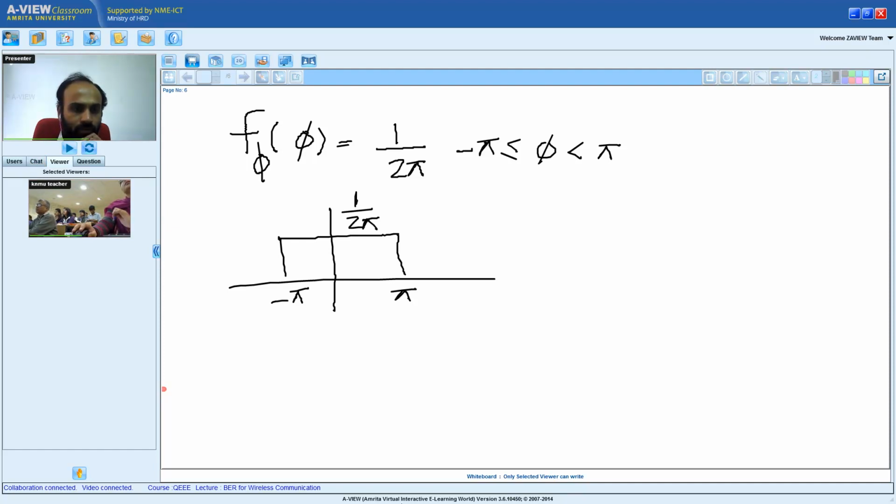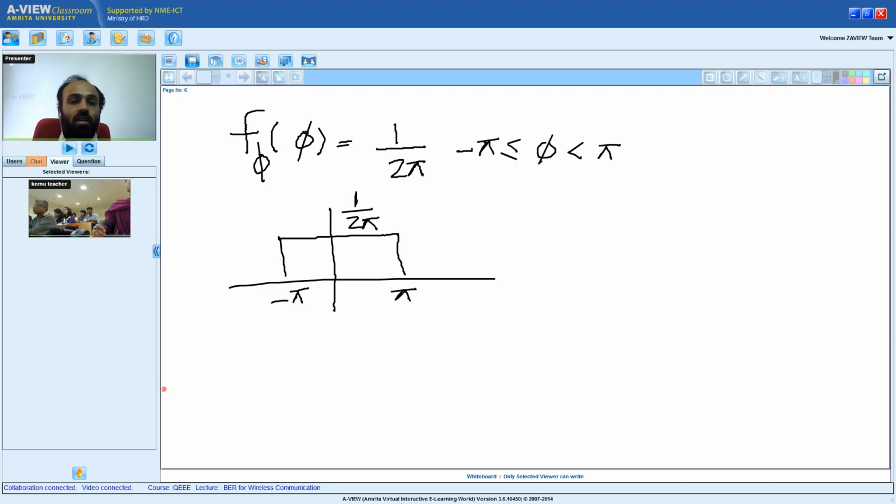Yes, sir. It is Rayleigh fading wireless channel and the phase is distributed uniformly in minus pi to pi. And further, the phase and amplitude are independent. Actually, for Rayleigh fading wireless channel, it can be shown that the phase and amplitude are independent.